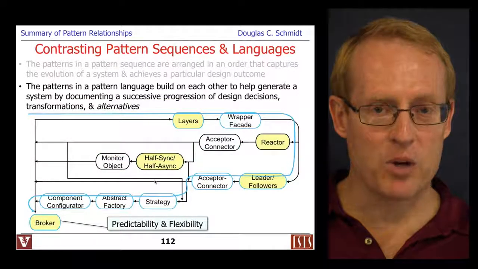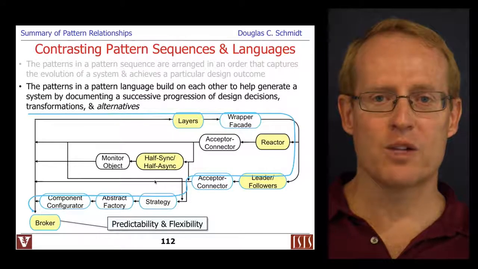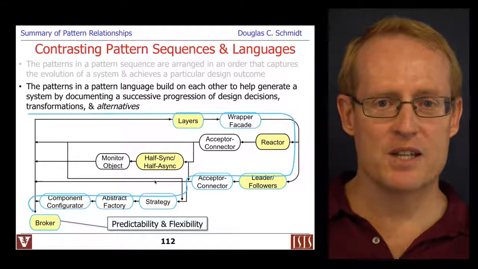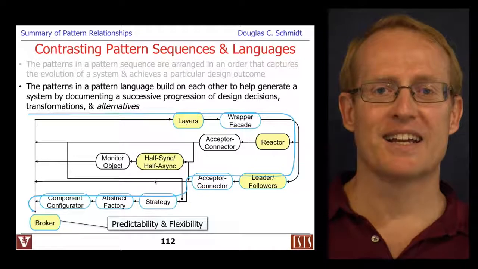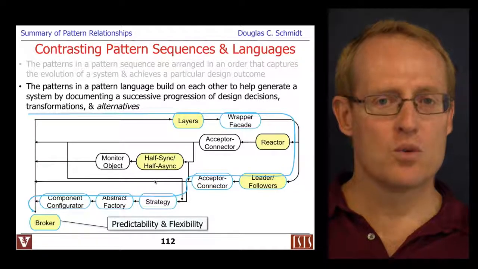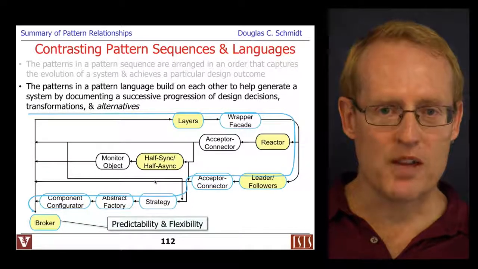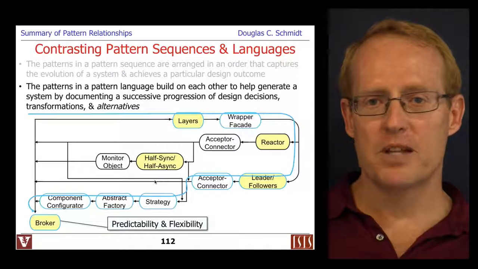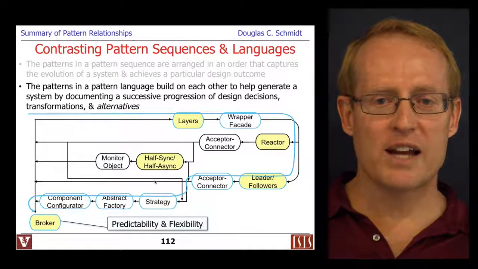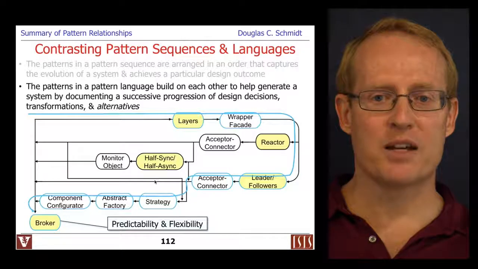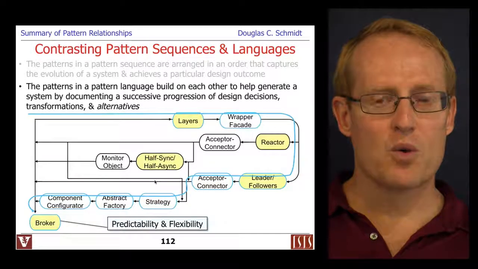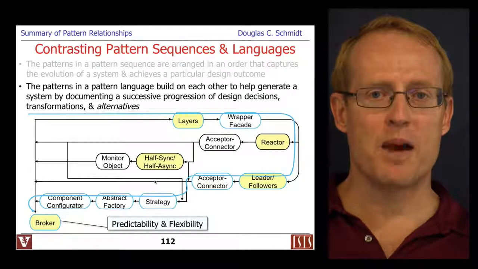And the final path we're going to show through our pattern language is one that emphasizes predictability and flexibility. The main thing that happens here is we keep all the other patterns as before, but instead of using reactor, half sync, and monitor object, we add in the leader followers pattern.